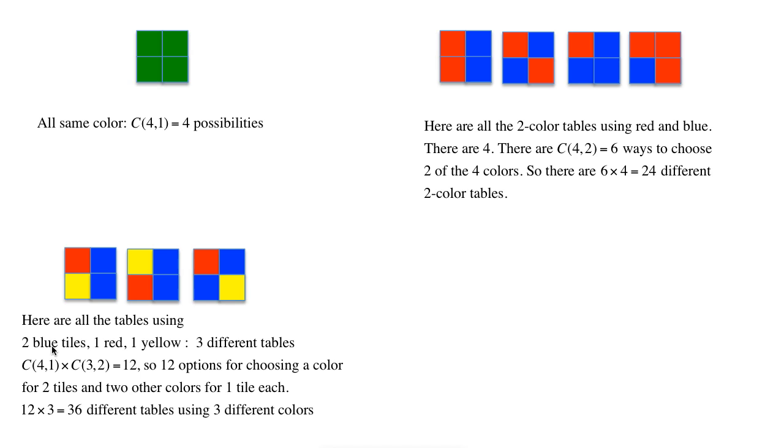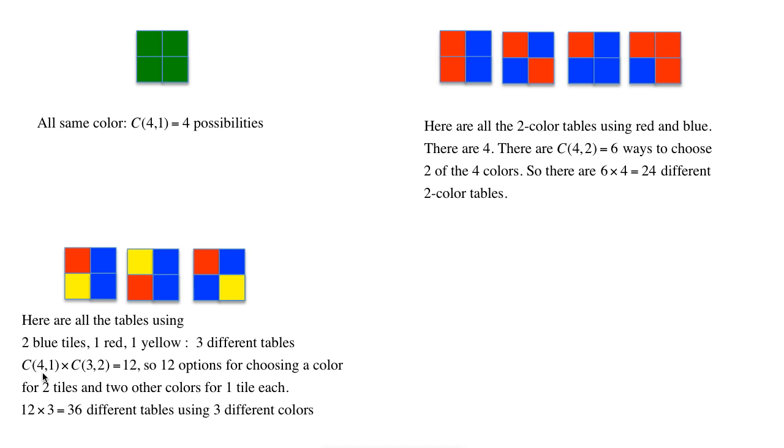And then after I've picked a color, say blue, as the color where the 2 tiles are going to be used from, I've still got 3 colors left to pick the other 2 colors, in this case red and yellow. So having chosen blue as the color for the 2 tiles, I can pick which 2 colors to use for the other 2 tiles by picking any 2 of the other 3 colors.